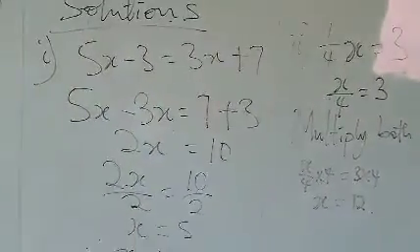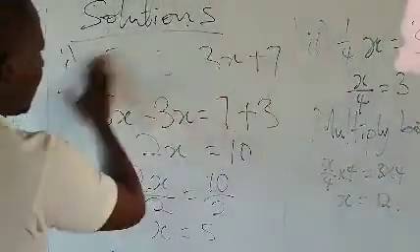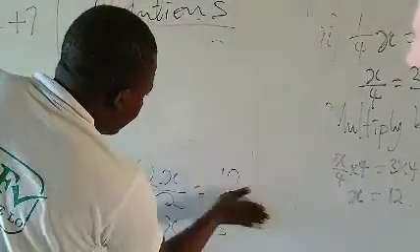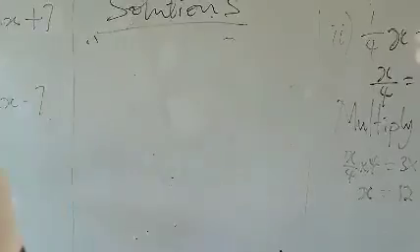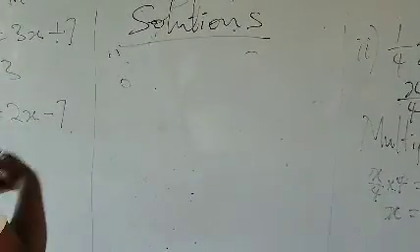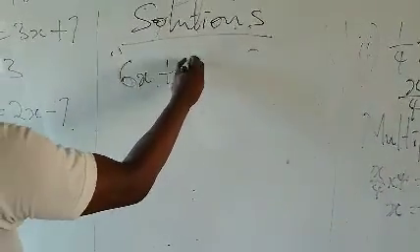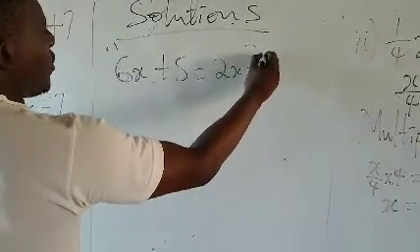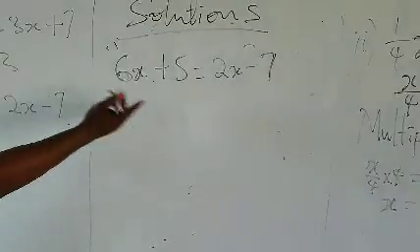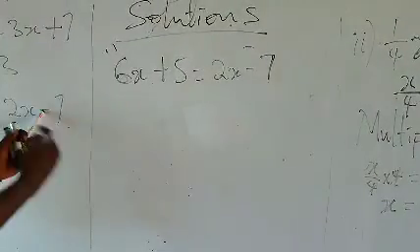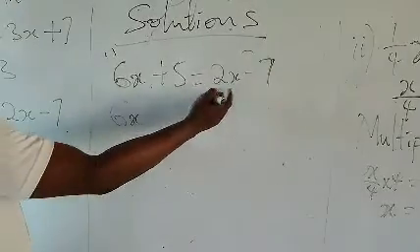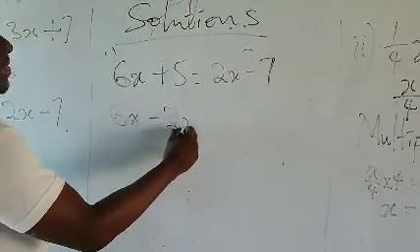I hope you understand this. Let's solve the last one. The last one said that 6x plus 5 equals 2x minus 7. Let's take all x to one side and the constants to the other side. You have 6x, 2x moves to this side, minus 2x.